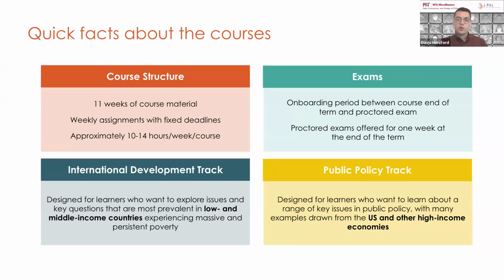We estimate the coursework will usually take between 8 to 14 hours a week, depending on the learner, the course, and your familiarity with the material. While there are weekly assignment deadlines in our courses, we release content in advance of those weekly deadlines, so you're free to work ahead if you're going to be busy at a particular time and you're aware of that ahead of time.